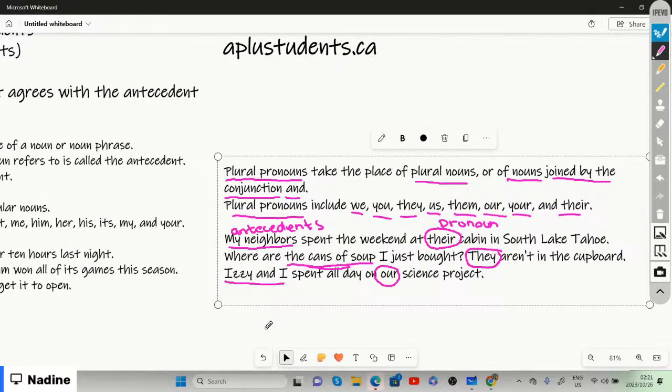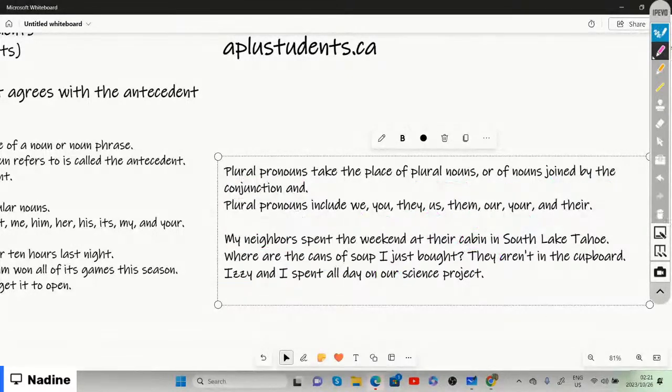And like we said, we have singular pronouns and plural pronouns. So the antecedent is the noun or noun phrase, which can either refer to one person or one thing, or it can refer to more than one person and one thing, and that is where the singular pronoun comes in as well as the plural pronoun.